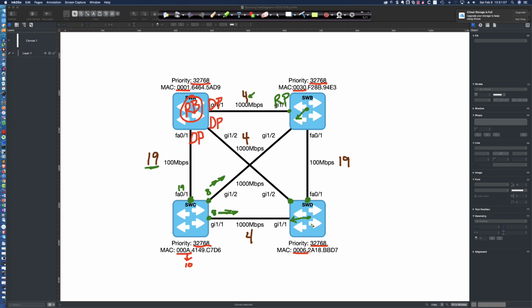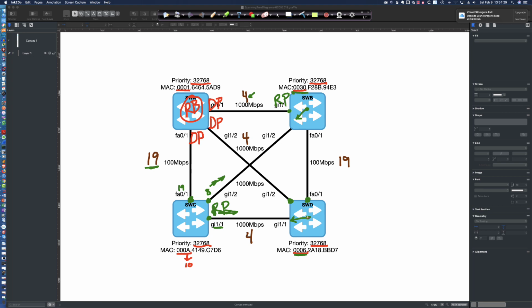So when we look at these two switches here, B and D, who has the lower bridge ID? It's D. 0006 is lower than 0030. So here is the root port on switch C. It's going to be gig 11.